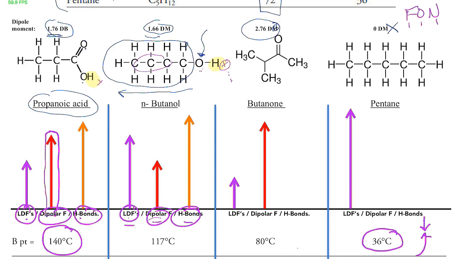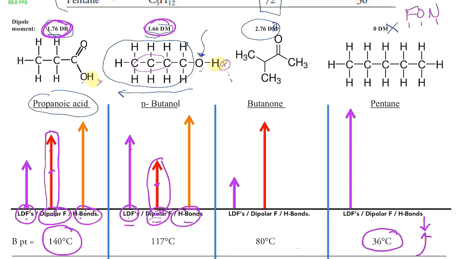So this dipole moment being so much more what? Polar, it attracts itself so much more. Comparatively speaking, the dipolar force in propanoic acid must be the difference. Now, N-butanol has probably greater LDF forces, but the greater difference in the dipolar force is probably what's going on.